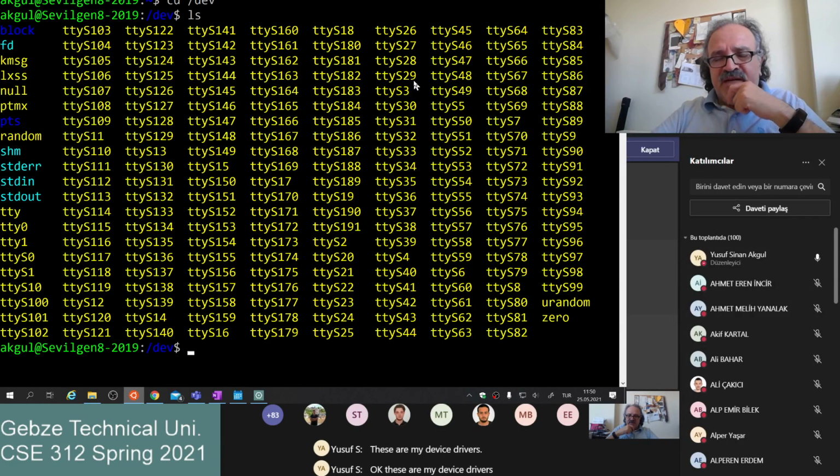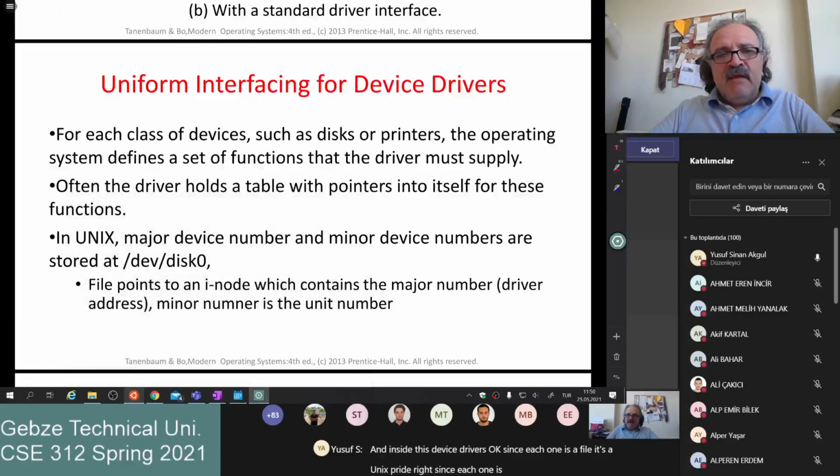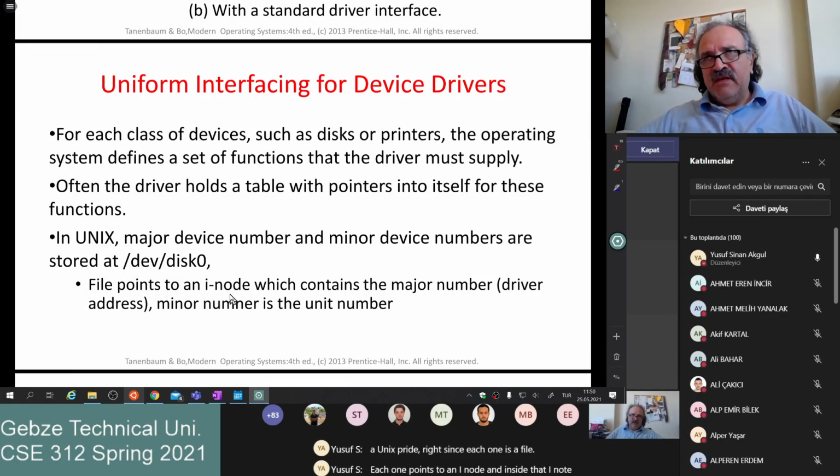These are special files, and since each one is a Unix file, each one points to an inode, and inside that inode I have the file attributes, etc. Usually after that we have the block numbers of the file.